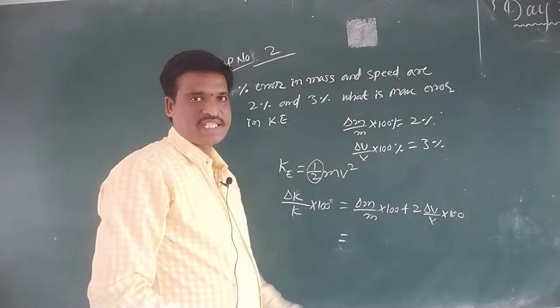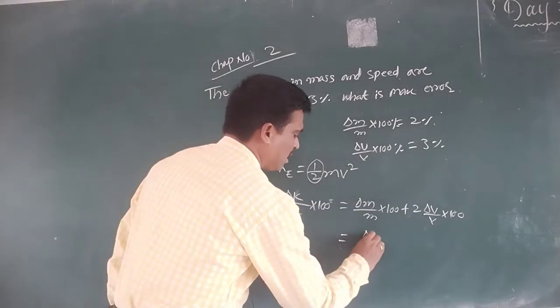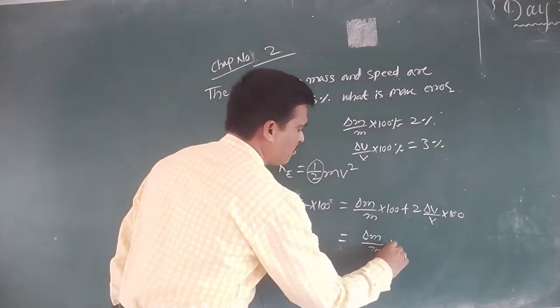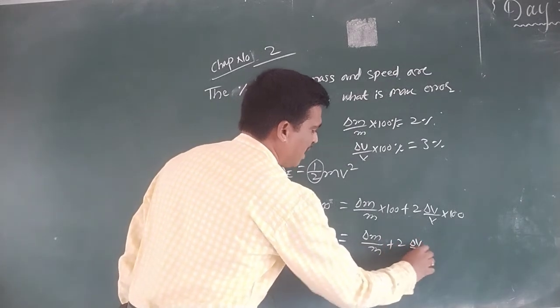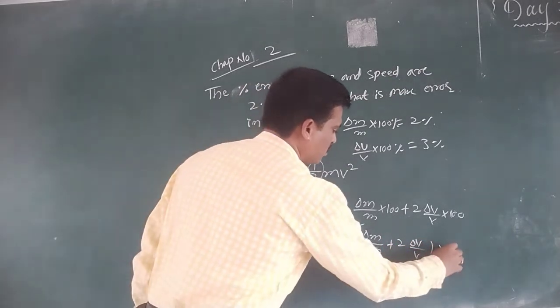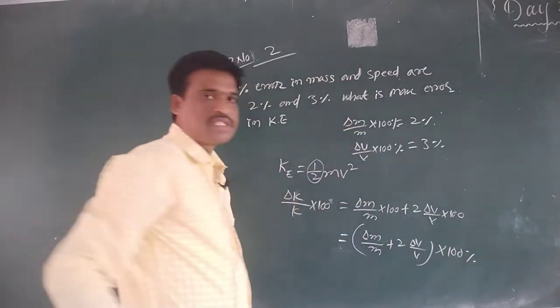So take 100% common in both: delta m by m plus 2 into delta v by v, into 100%. Is it right?